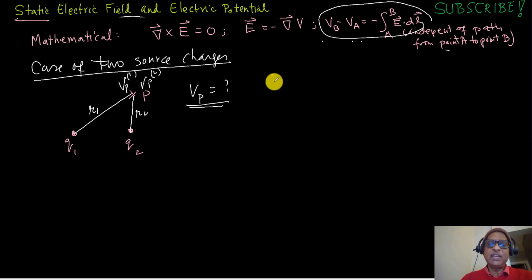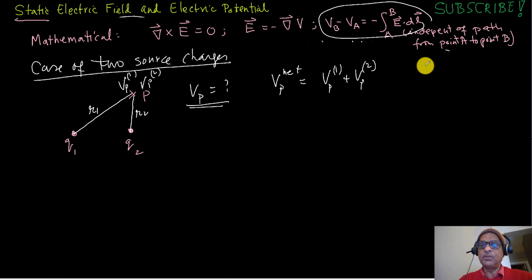So V at P net is just the algebraic sum of V at P of 1 and V at P of 2. And these formulas we figured out with reference V equal to 0 at R equals infinity. V at any point is equal to K Q over R. So the R is the direct distance.